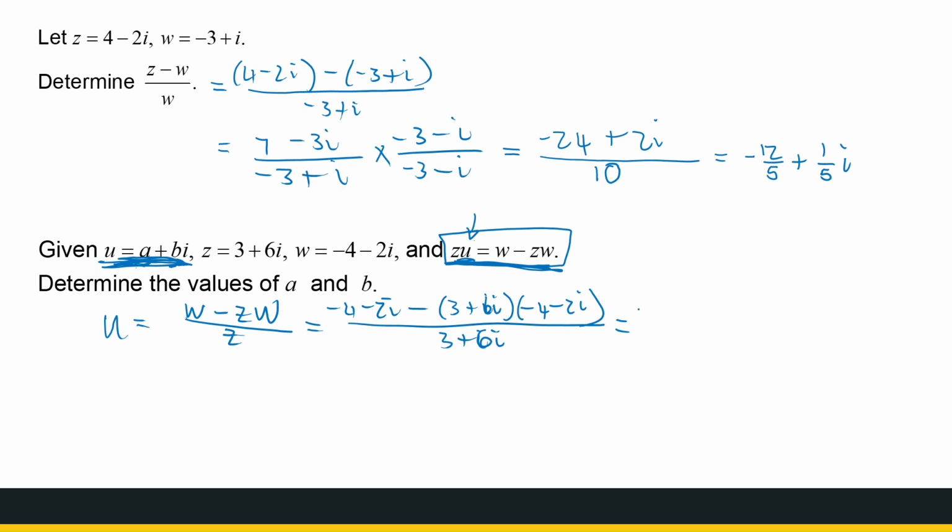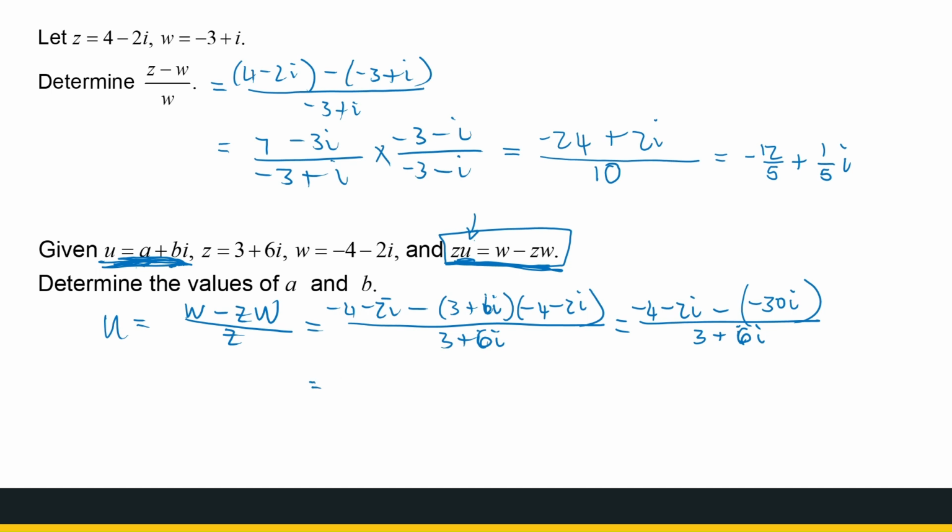All right, so I've got minus 4 minus 2i minus what is Z times W. You can simplify that one. You will have minus 12 plus 12, so there's no real portion. The imaginary portion is minus 24 minus 6, so it's minus 30i, over 3 plus 6i.